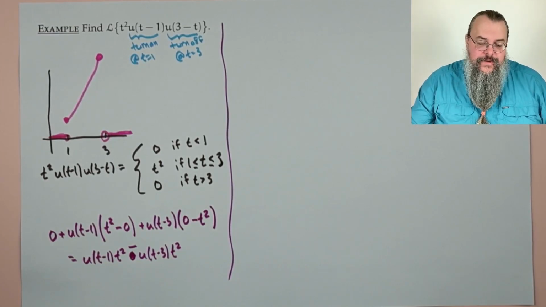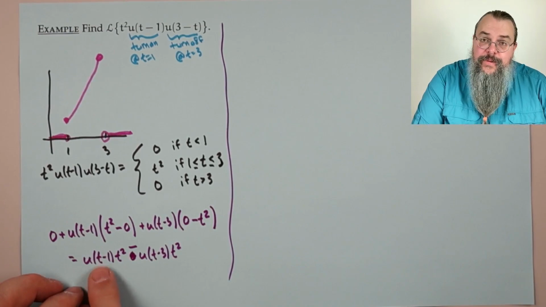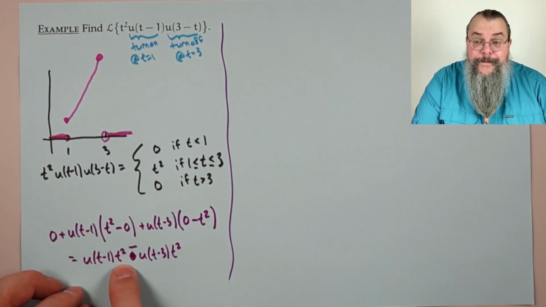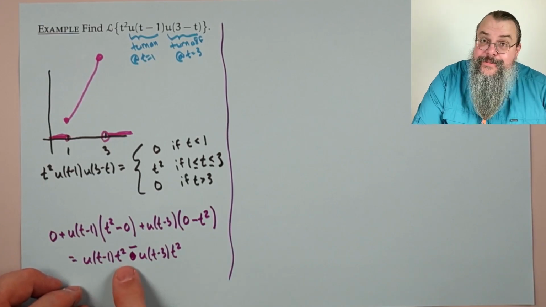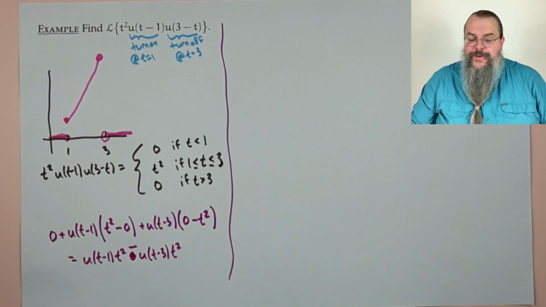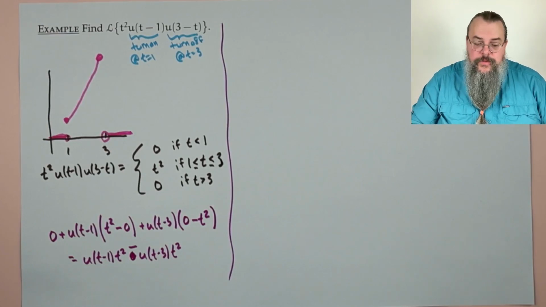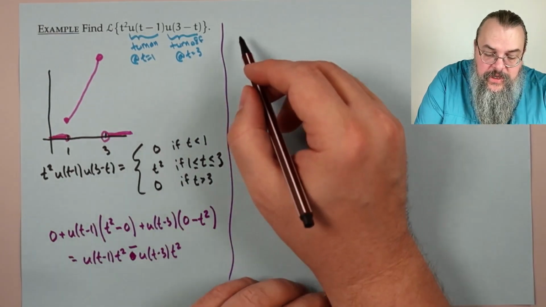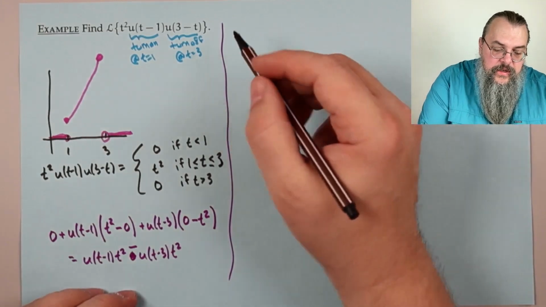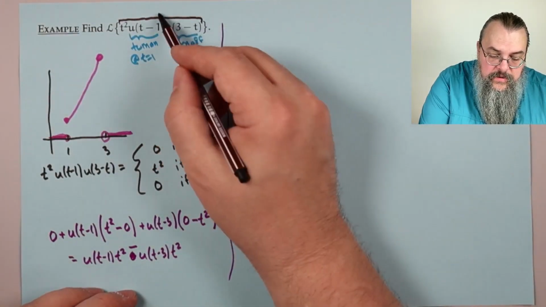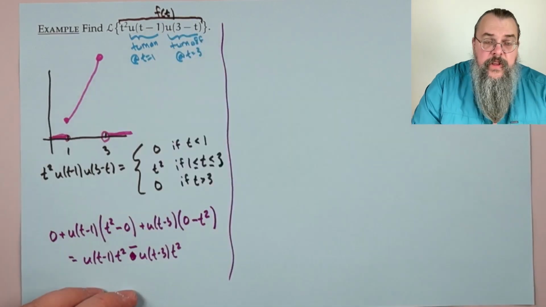Well, we have our u(t minus a). This needs to look like t minus a, and right now it doesn't. It looks like t. So how do we change it? We do something similar to what we just did. Let's give a name to this function and call it f(t).